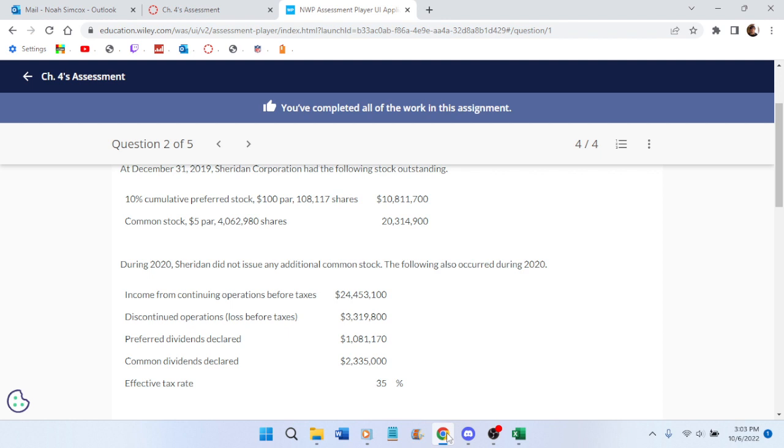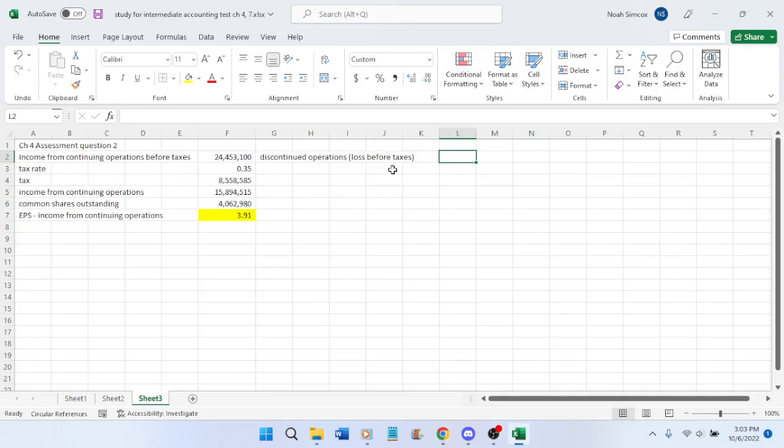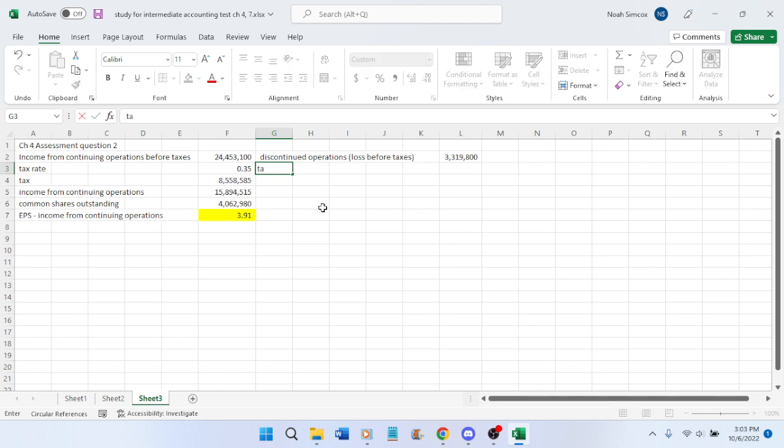What will be more convenient to me? 3,319,800. Tax will be equal to this times this.